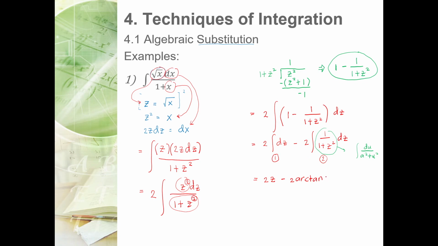And then z plus c. This is not yet the final answer. We still have to bring back the value of z. So the final answer would be 2 square root of x minus 2 arctangent square root of x plus c. And this would be the final answer.